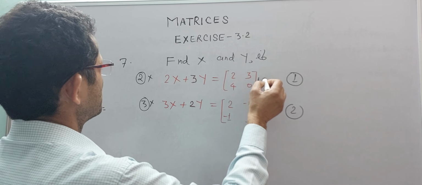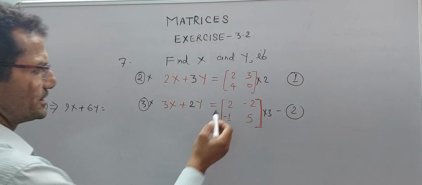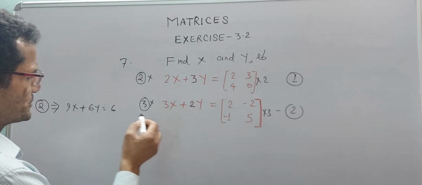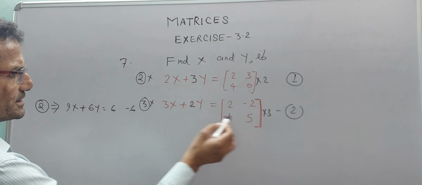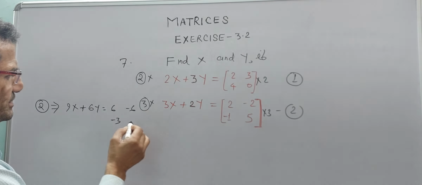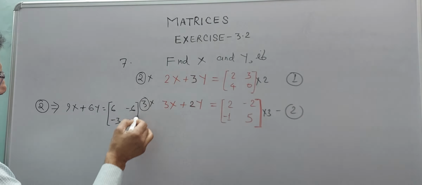So 3 into 2 is 6, 3 into minus 2 is minus 6, 3 into minus 1 is minus 3, and 3 into 5 is 15, under the square bracket.